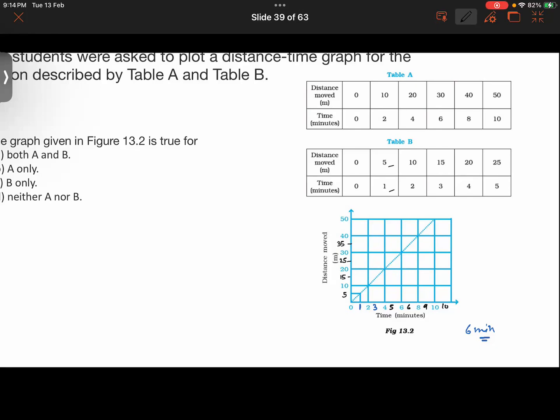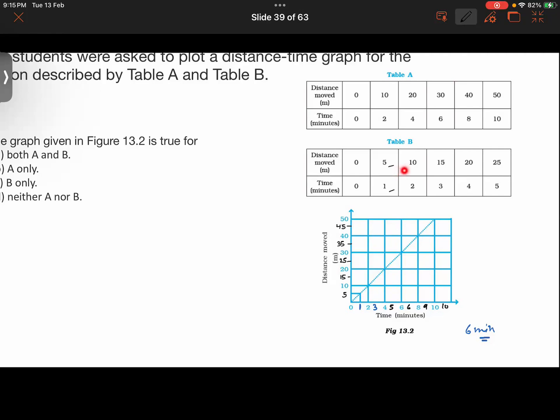But we can make a guess that the middle value will be lying in between the two. In the figure it has not been mentioned, but we can make a guess anyways.